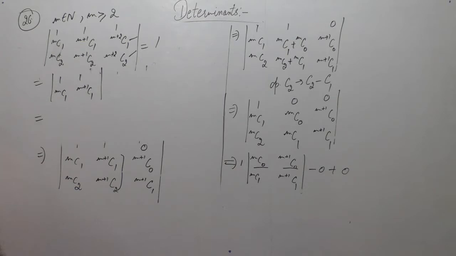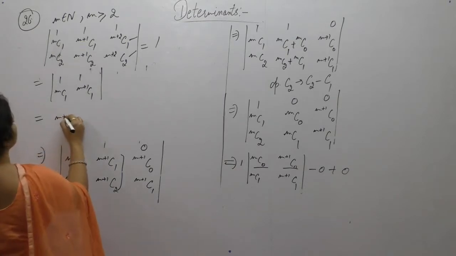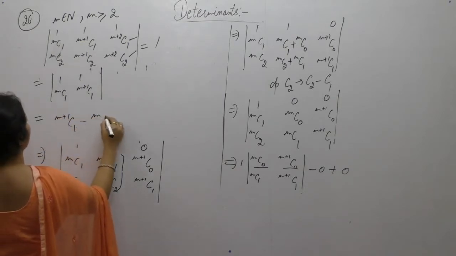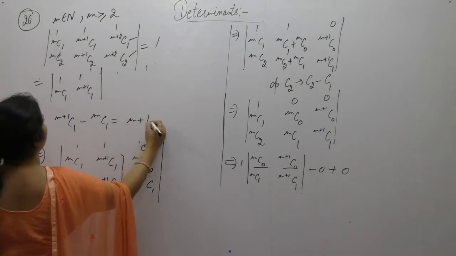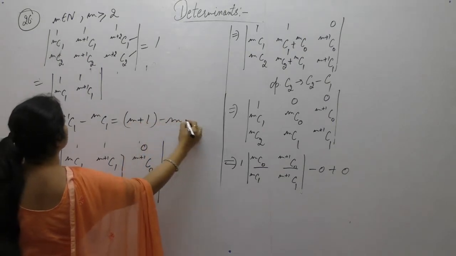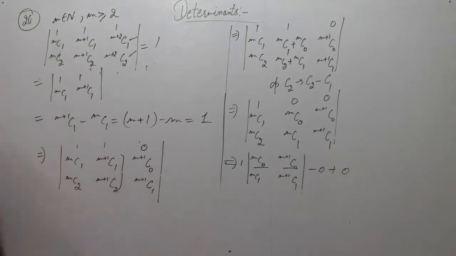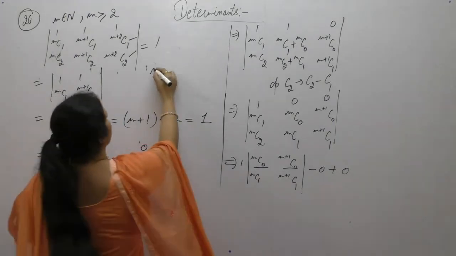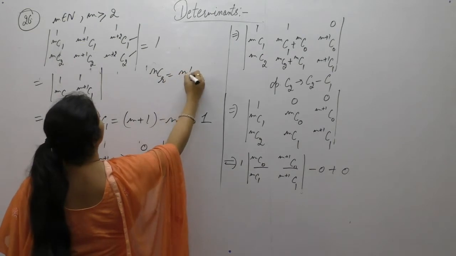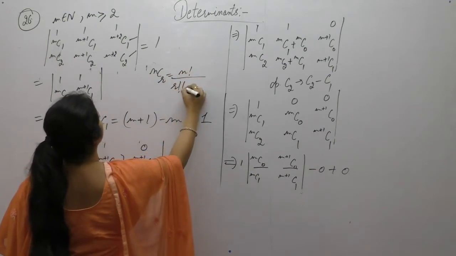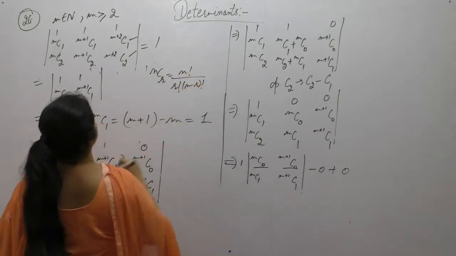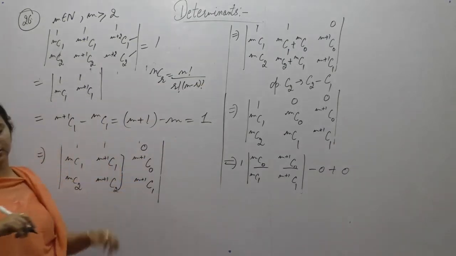So m plus 1 C1 minus mC1. This has value m plus 1 and it has value m. So answer is 1. We are using nCr equals n factorial upon r factorial times n minus r factorial. So solve this by using this formula.